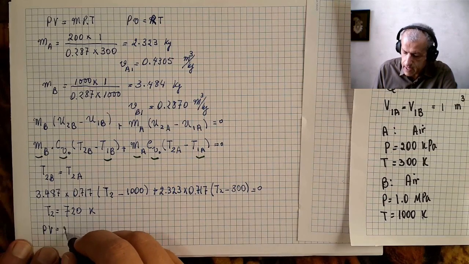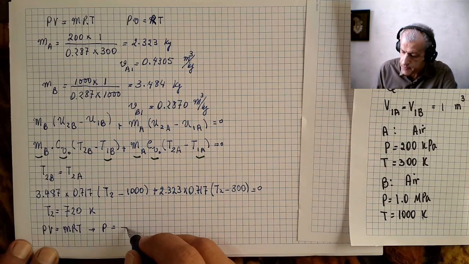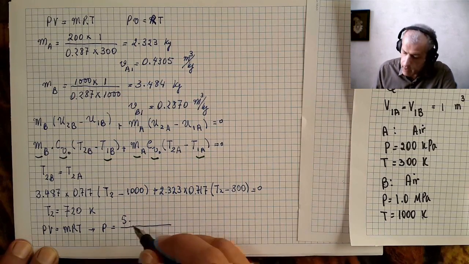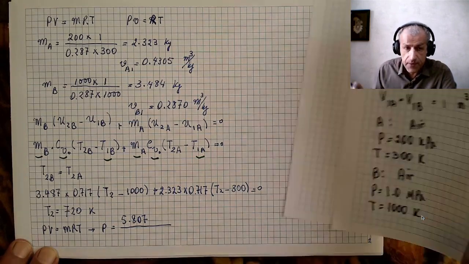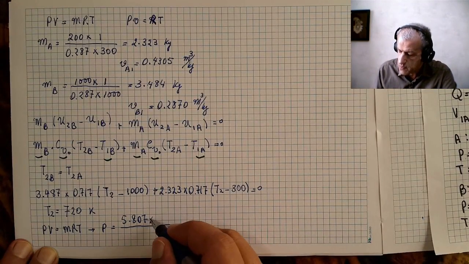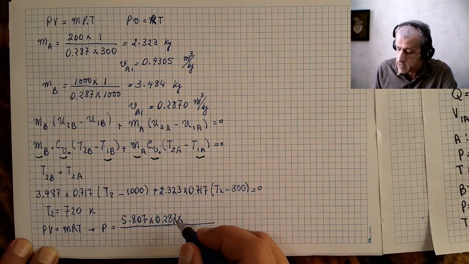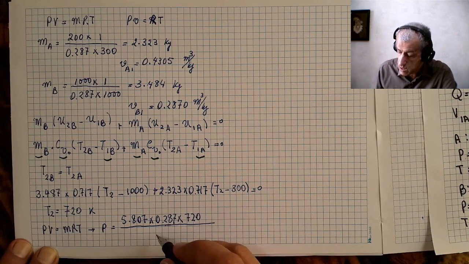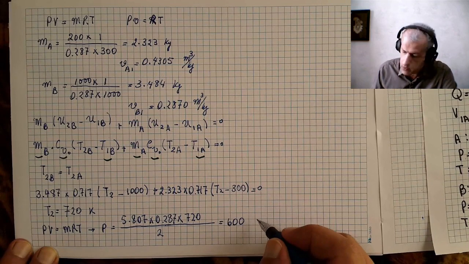PV equals mRT, and that results in P equals the total mass, which is 5.807, the sum of mass in A and B as we just calculated and wrote down, times R, which is 0.287 kilojoules per kilogram kelvin, times the final temperature, which is 720 kelvins, divided by the total volume, which is 2 cubic meters, and that would result in 600 kilopascals.